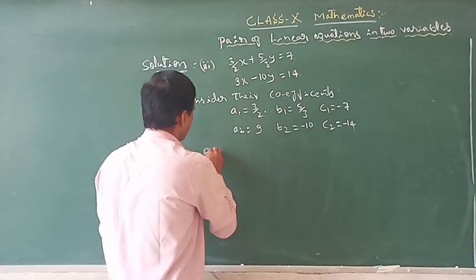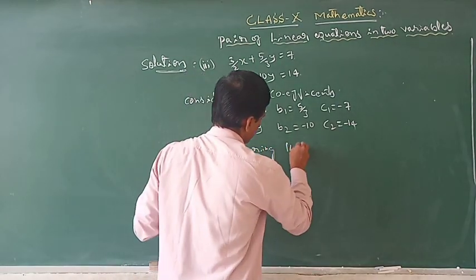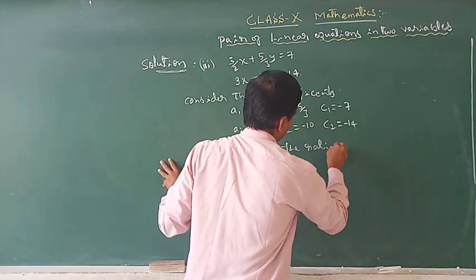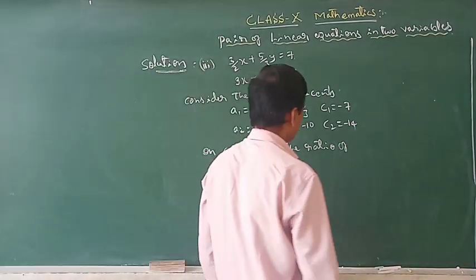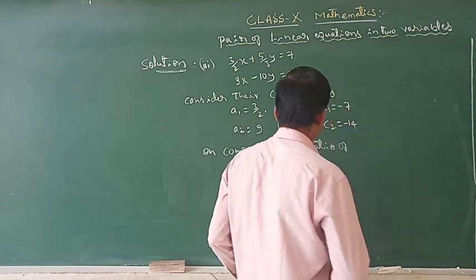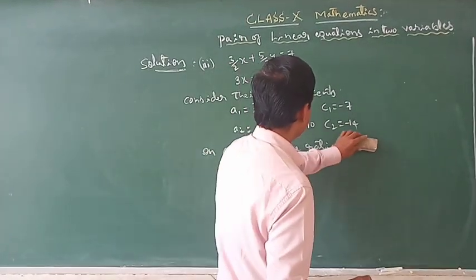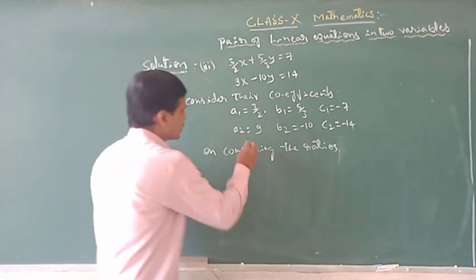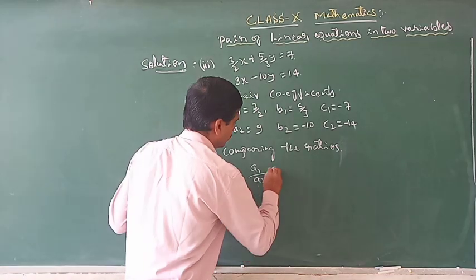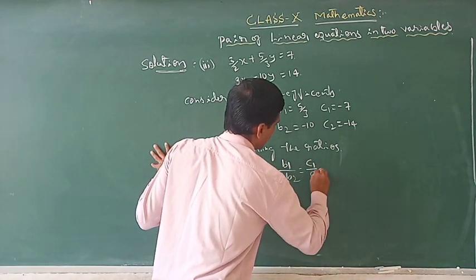So on comparing the ratios, only the ratios of the given coefficients: a1 by a2 is equal to b1 by b2, is equal to c1 by c2.